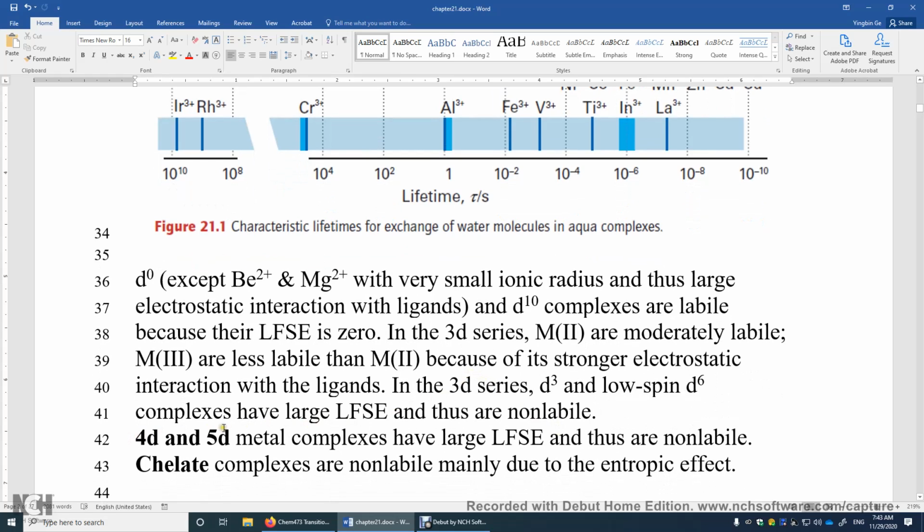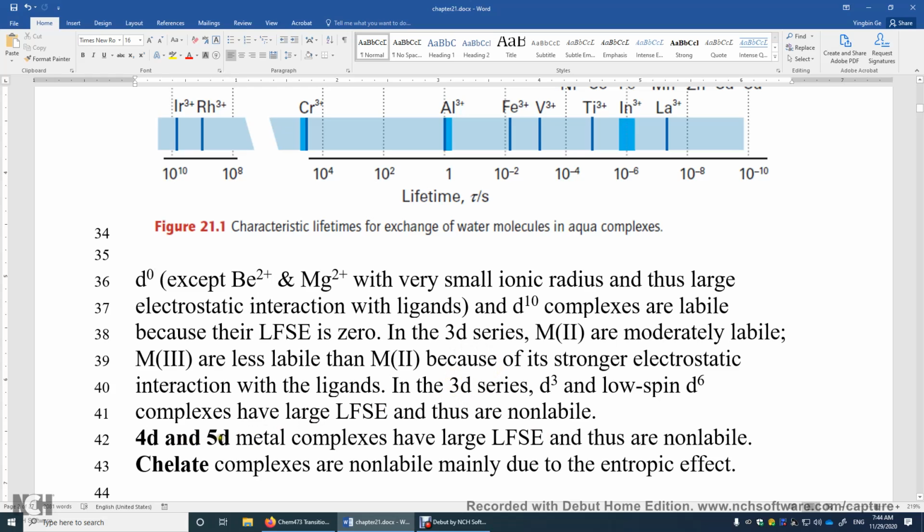So 4d and 5d, again, they have larger d orbitals that can overlap with the ligands better than 3d metals, and then they have large LFSE. It's just that their delta O values are much larger than that of a 3d transition metal.